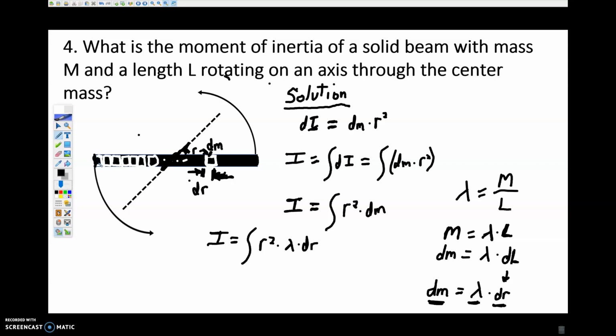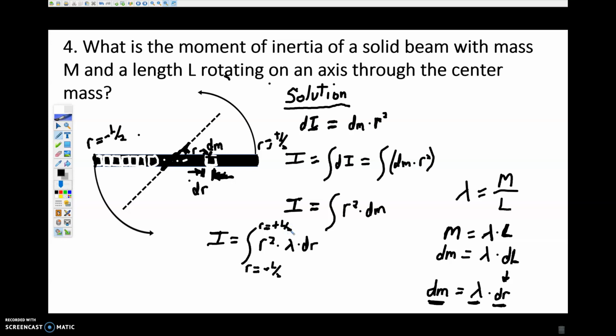But I want to indicate how I'm going all the way across. And since it's r squared, I could say that over here, r is equal to negative L over 2. And then I'm going to do this all the way through to over here where r is equal to positive L over 2. So this has a lower boundary condition of negative L over 2 and an upper boundary condition of positive L over 2.